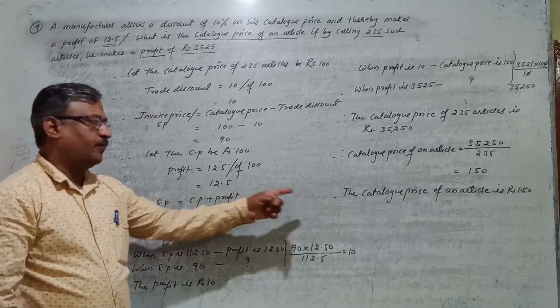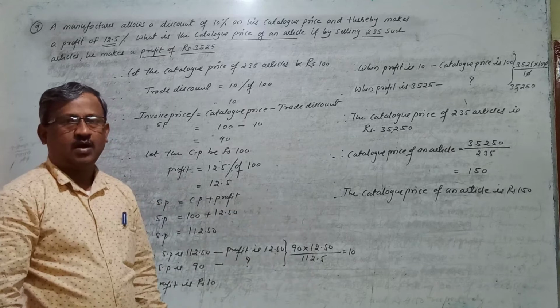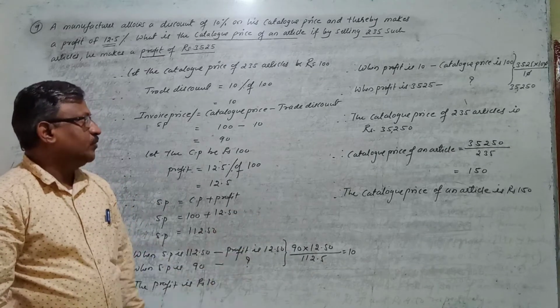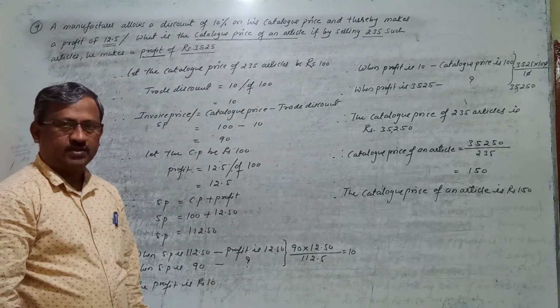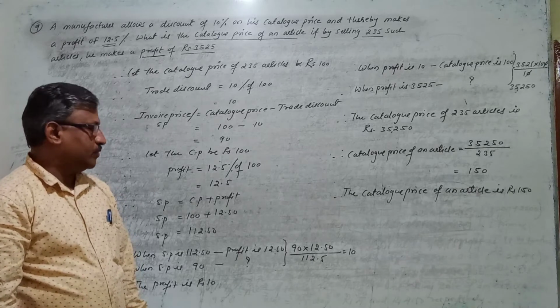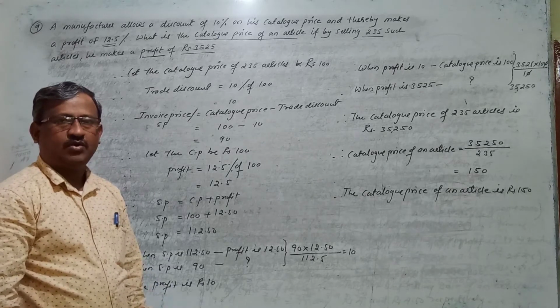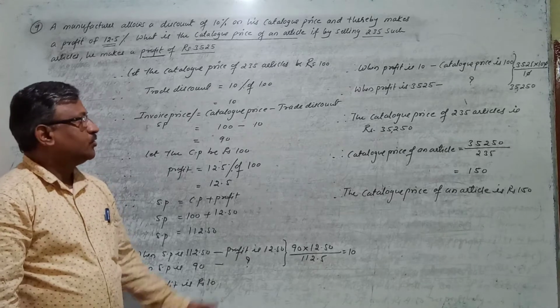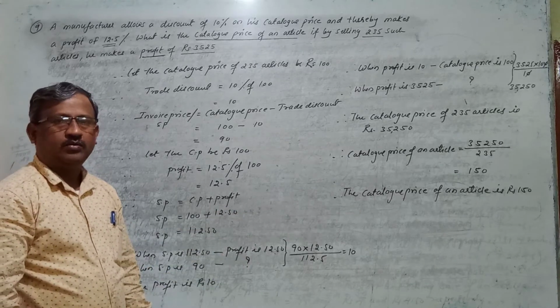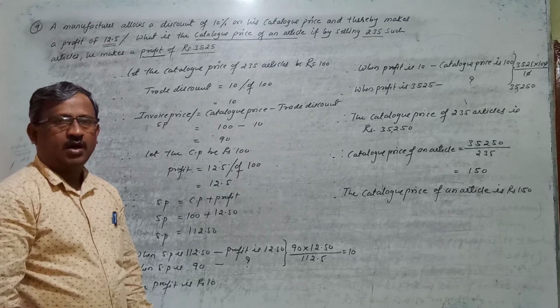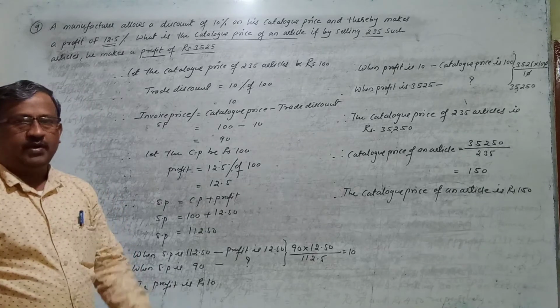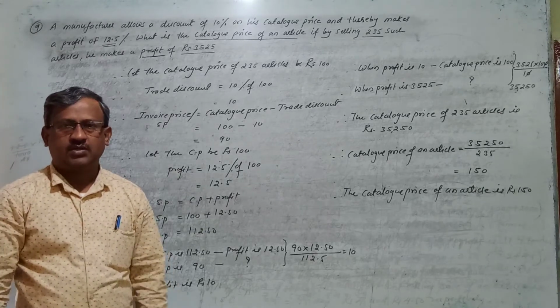So this is how you have to find out the catalog price of one article. So this problem is also very important from the point of your examination, because maximum time they have asked this question in the exam for 7 or 8 marks. So I hope it is clear to you all how to find out the catalog price of one article. Now we'll take the next problem on discount.